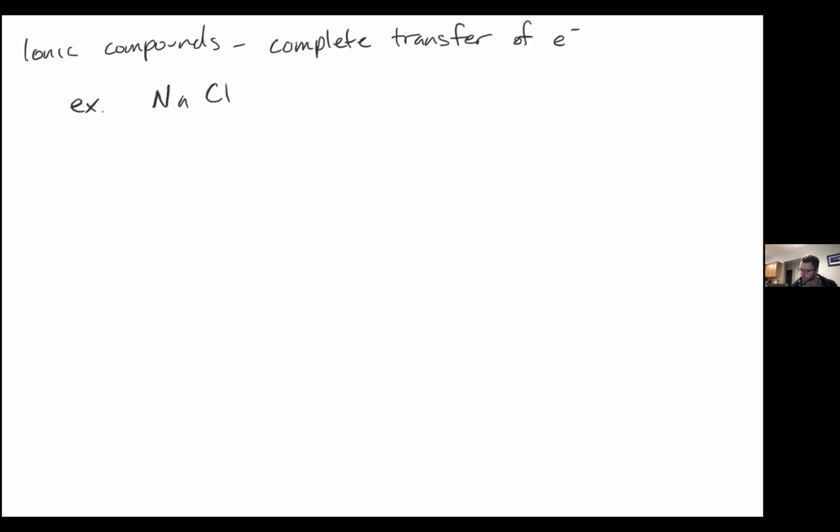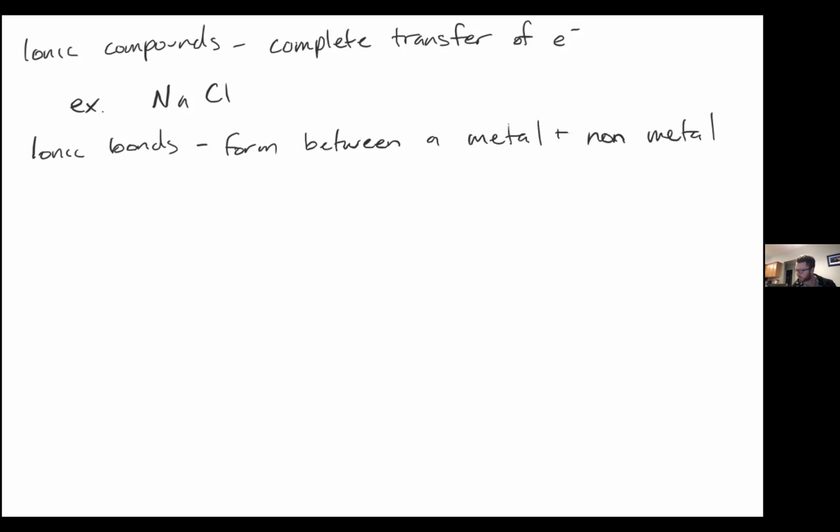Ionic bonds. These form between a metal and non-metal. Okay, so in this case, we have a metal and a non-metal. Okay, molecular compounds. This involves a sharing of electrons.